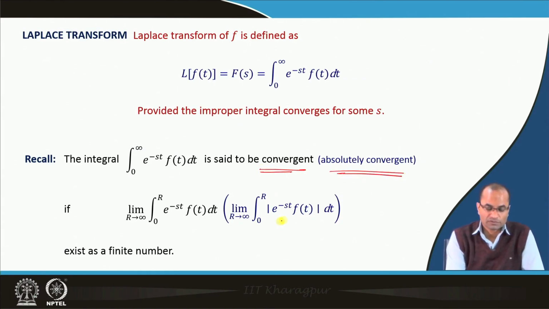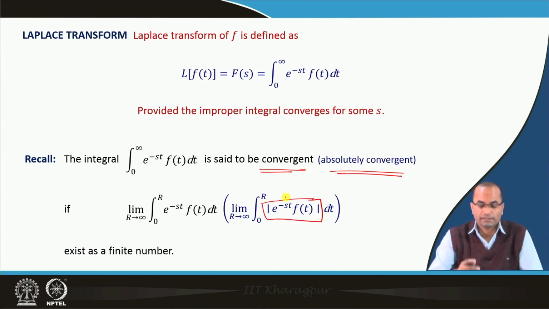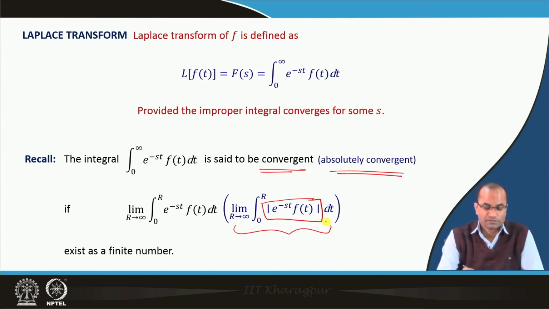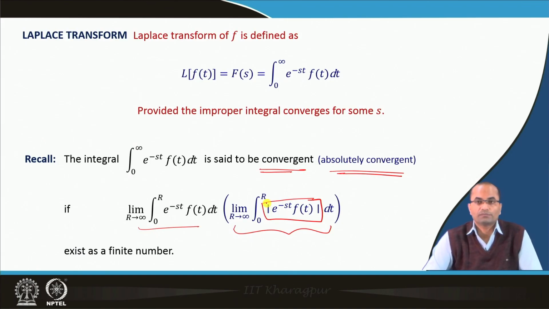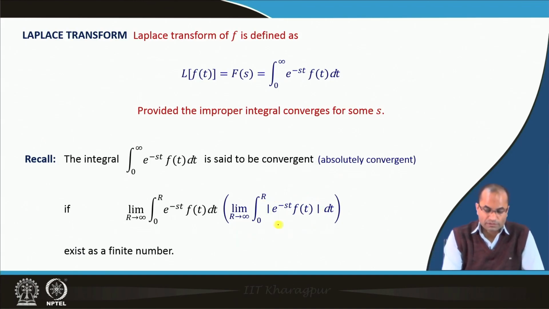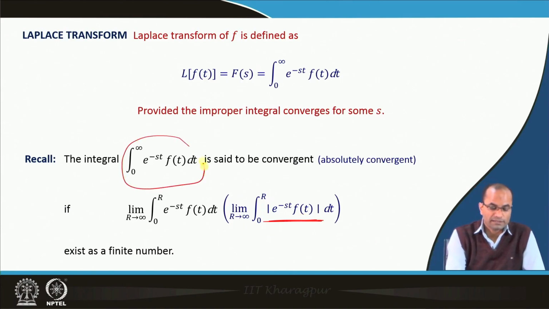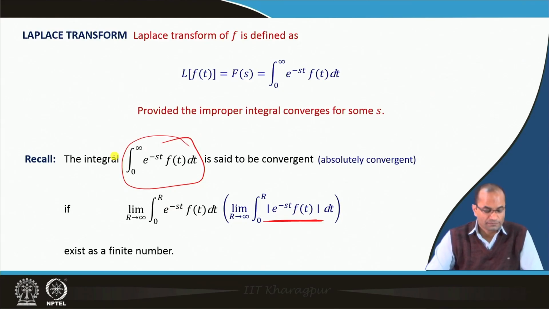In absolute convergence we are talking about the absolute value of the integrand. If this converges, which is more stringent than the other one because now we are talking only about positive values, then we call this improper integral absolutely convergent.